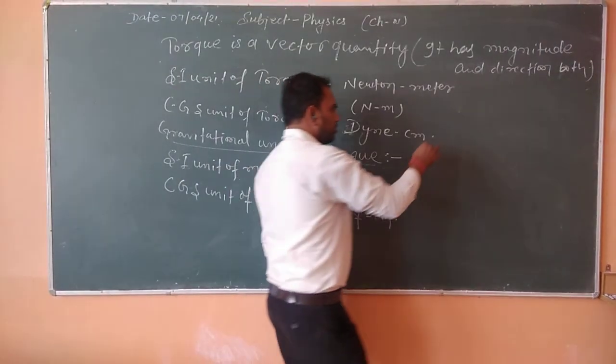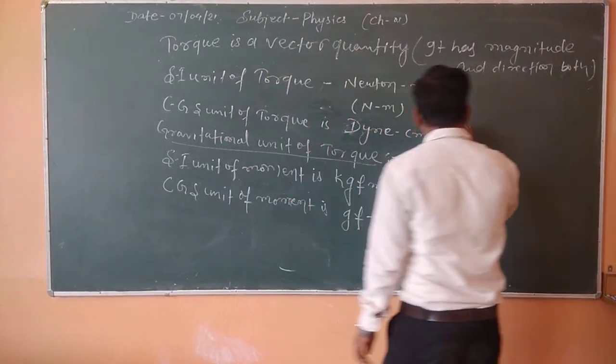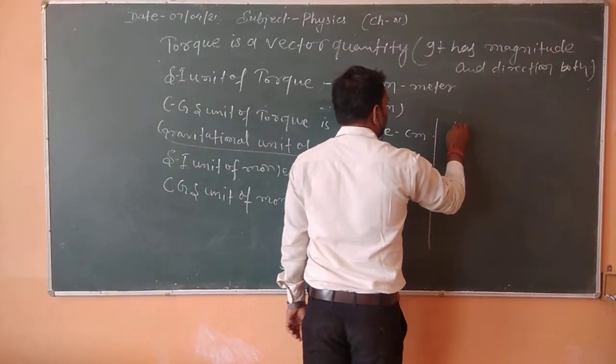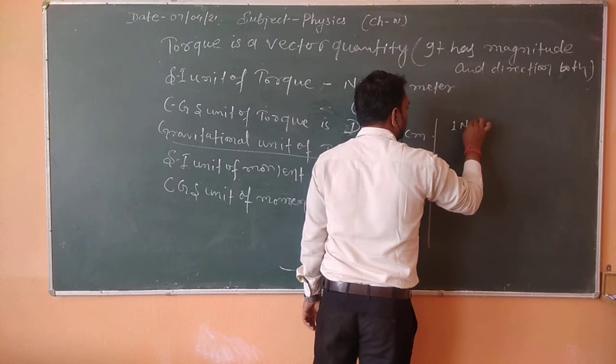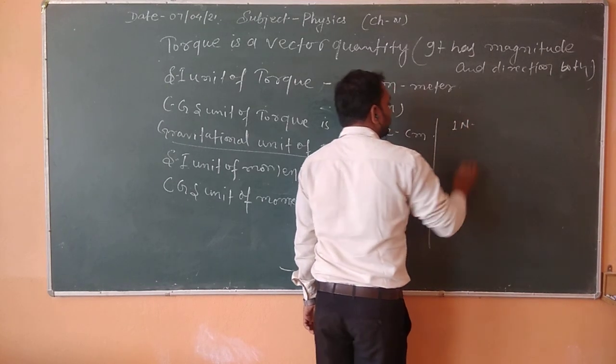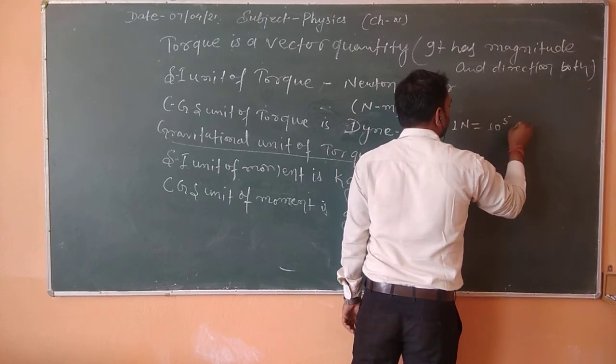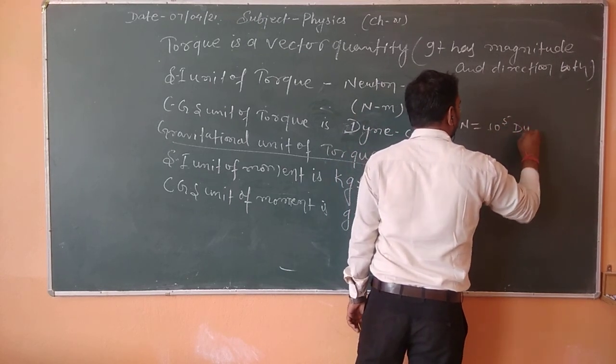Let's also understand that I have already taught you 1 Newton is equal to 10 to the power 5 dynes.